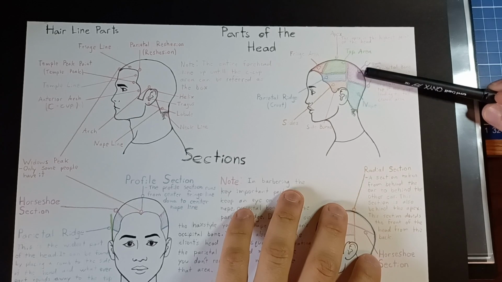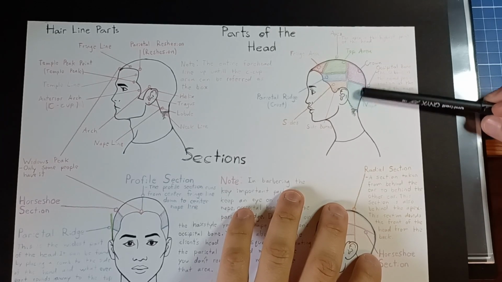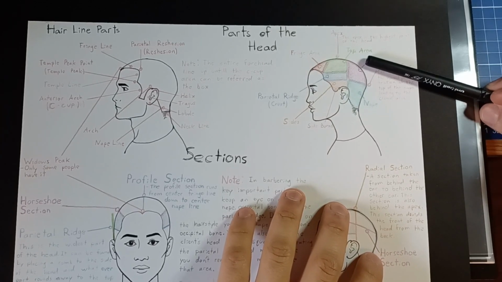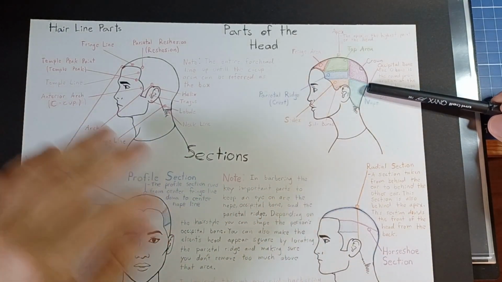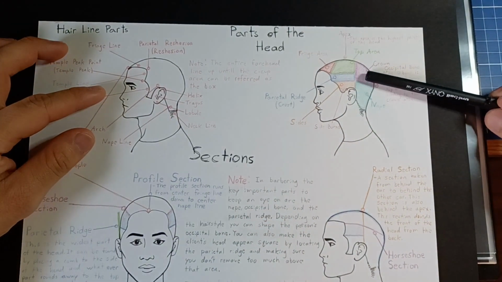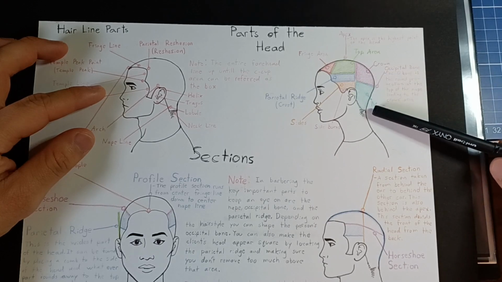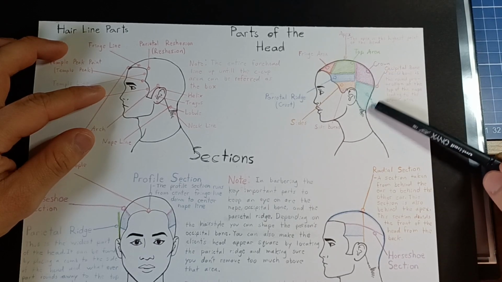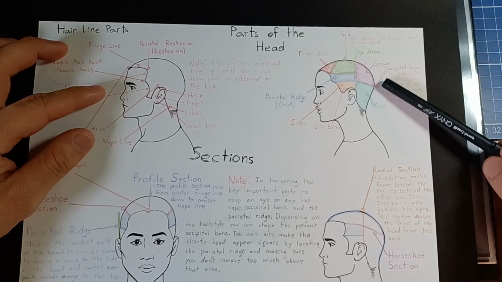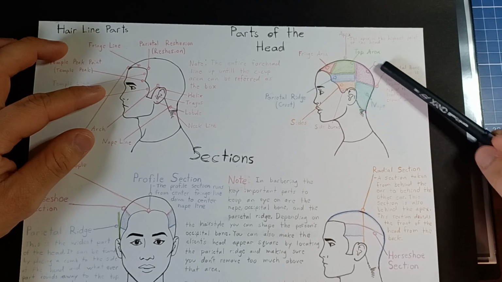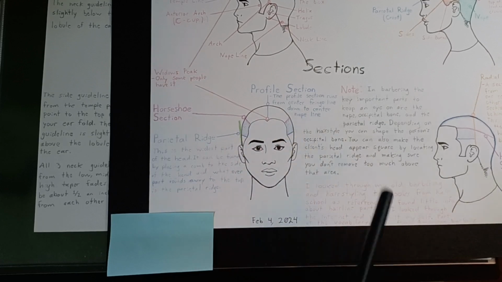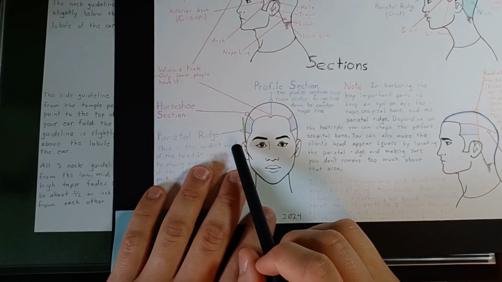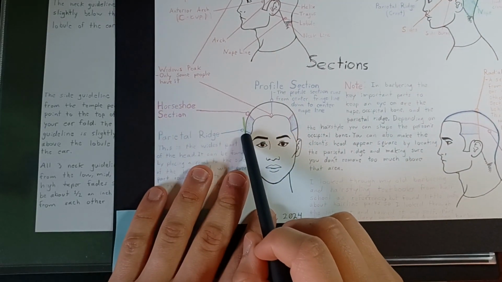In that scenario, a lot of barbers or hairstylists will fake an occipital bone by removing some bulk down the nape and creating a round bump back here. The parietal ridge is important because you have to locate where the bottom part of the parietal ridge is.